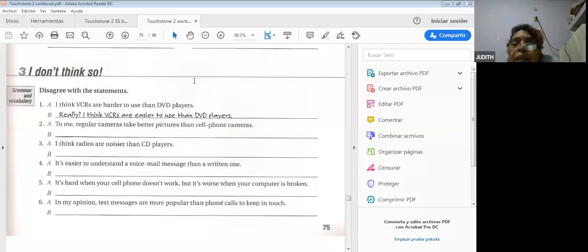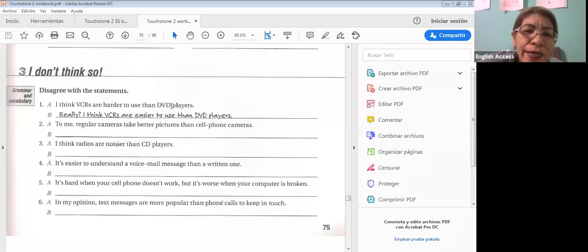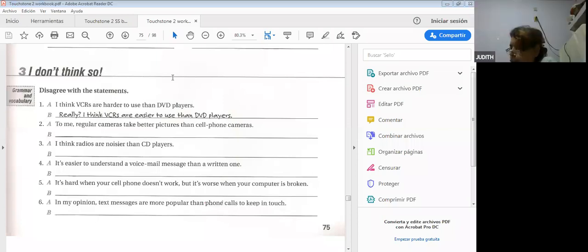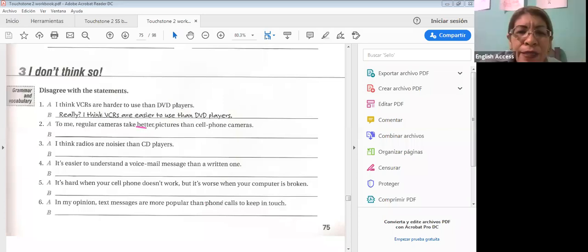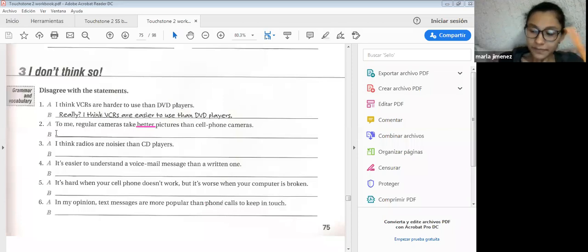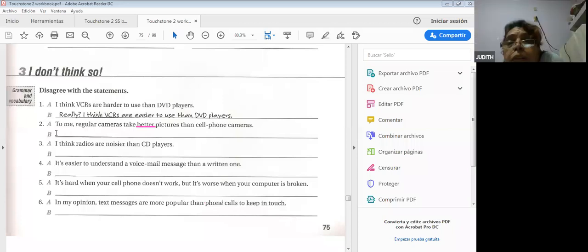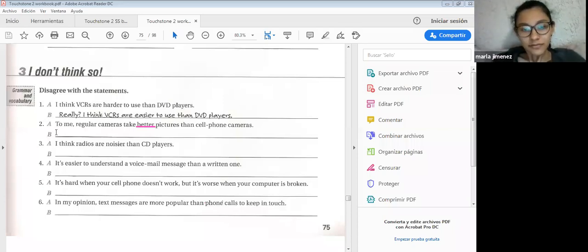Easier. Yes. Number 2, to me, regular cameras take better pictures than cell phone cameras. Well, so what can you say? Well, I think regular cameras take cooler pictures than cell phone cameras. Yeah, there is another one. What did you say for this?